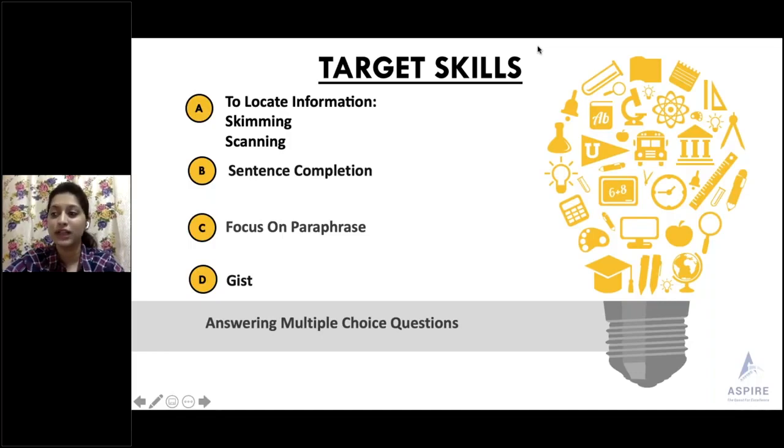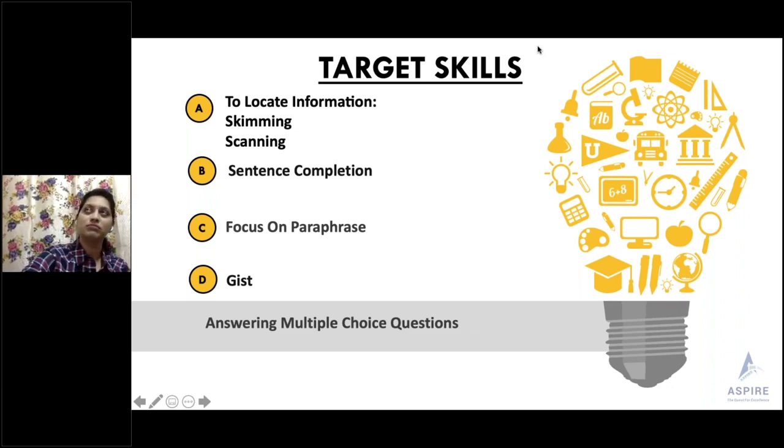So you focus on meaningful content words like nouns and verbs and adverbs. And as I said, you learn to ignore the functional words like, for example, at, in, the, and words like those. So skimming is reading a text quickly to get a general idea of the meaning, while scanning is reading to find specific information.